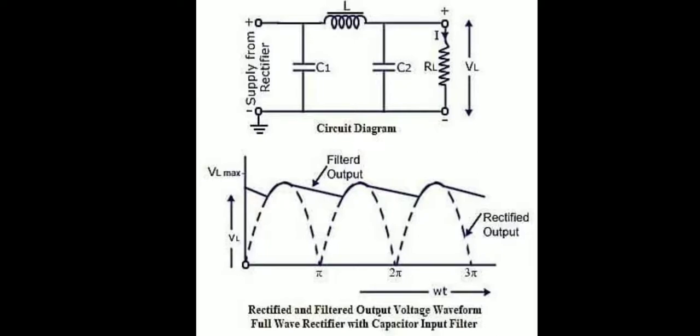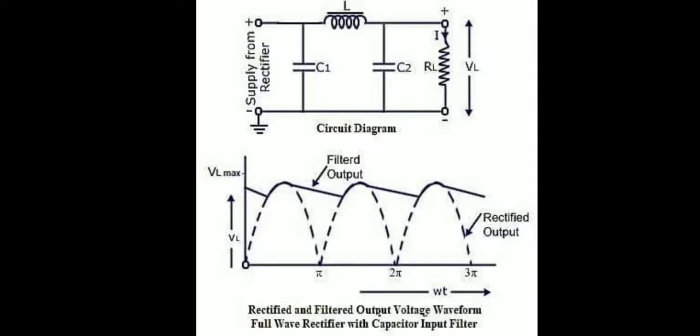Then the next point is the input capacitor C1 is selected to offer a very low reactance to ripple frequency. Hence the major part of filtering is done by C1. Most of the remaining ripples are removed by the combined action of L and C2.